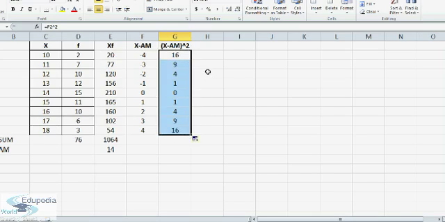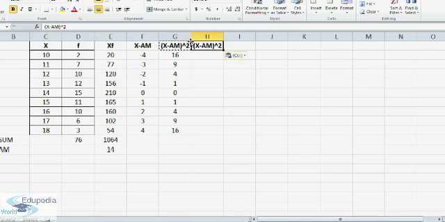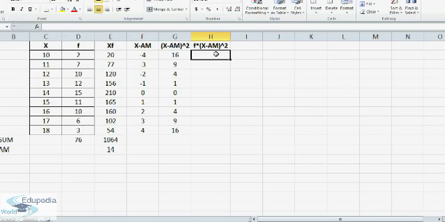Drag it down to all the cells here, and then we need to find the product of this value and the frequency. So here it's simply this value multiplied by the frequency.